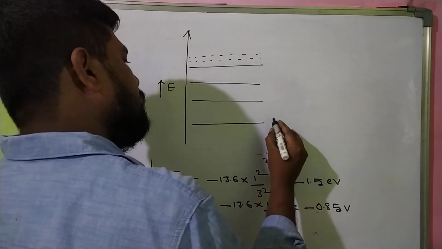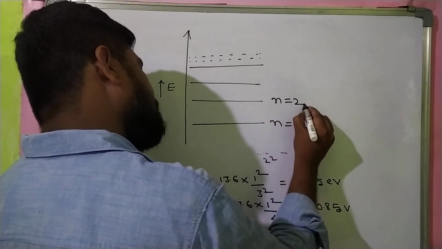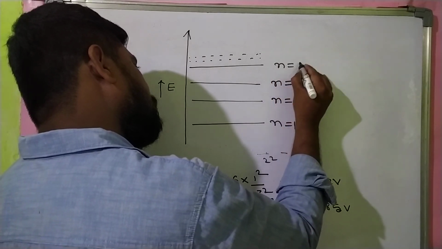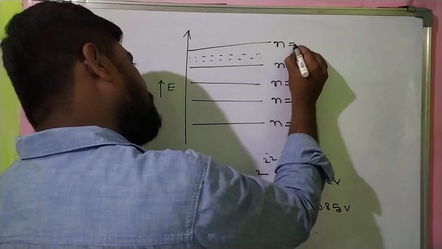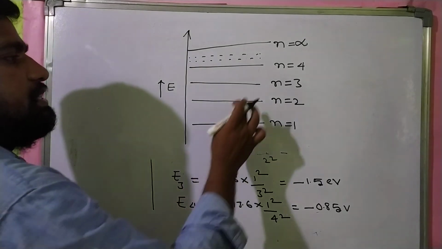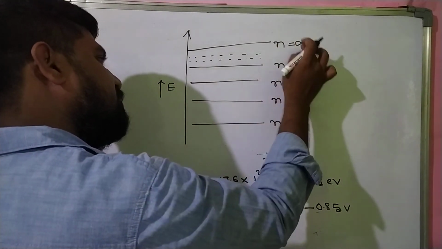So this is n equal to 1, first orbit, n equal to 2, second orbit, n equal to 3, third orbit, n equal to 4, fourth orbit. And this is n equal to infinity, the infinity level.